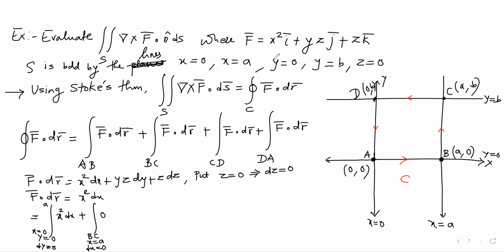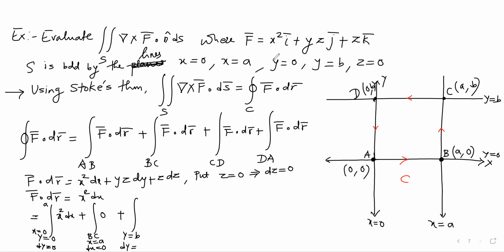Correct? Because in F dot dr, x is a, dx is 0, and that is the only term. In some cases, you may get a dy term also. So there you have to just find that value and get the answer. Then the third one is along CD. CD means the equation of the line is y equal to b.